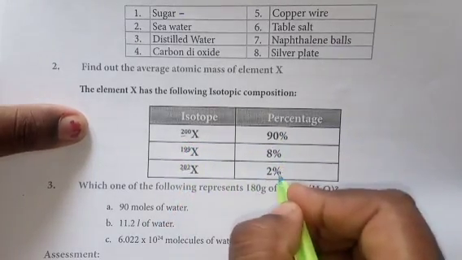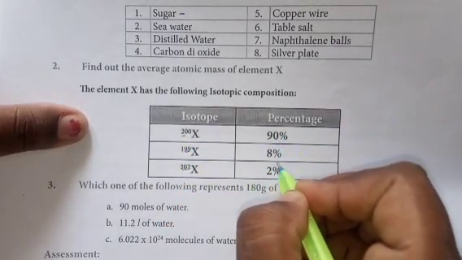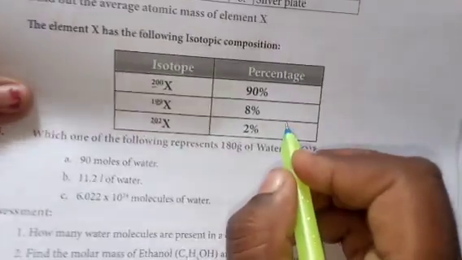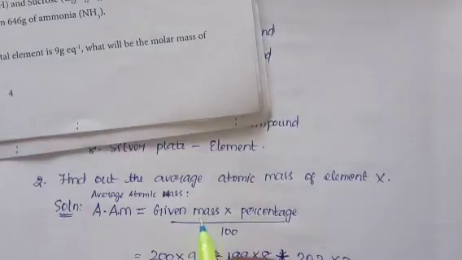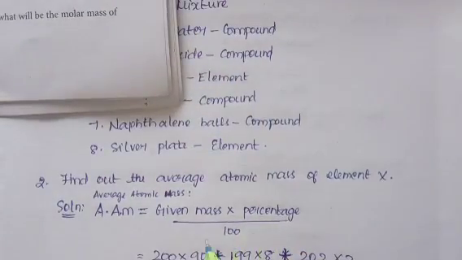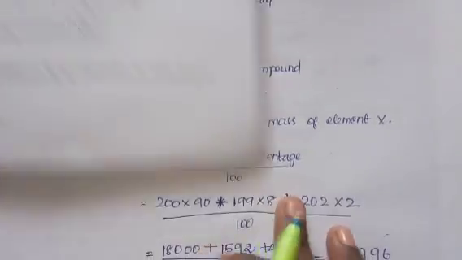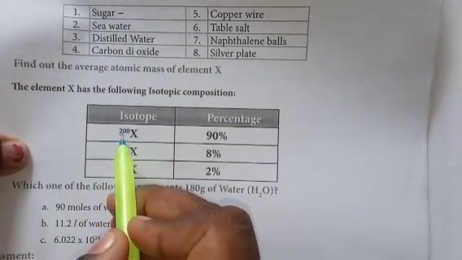This is the percentage, they have given the heading. So what is the formula? Given mass into percentage by 100. For the first one, the mass is 200 and the percentage is 90.